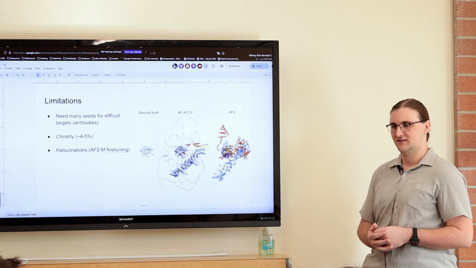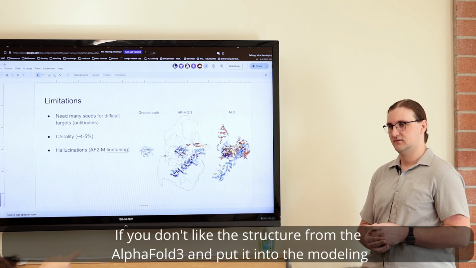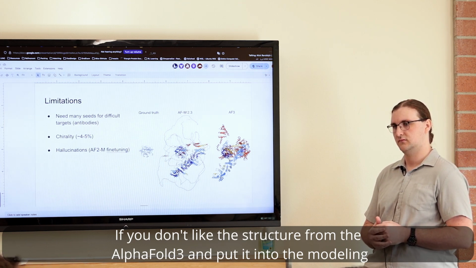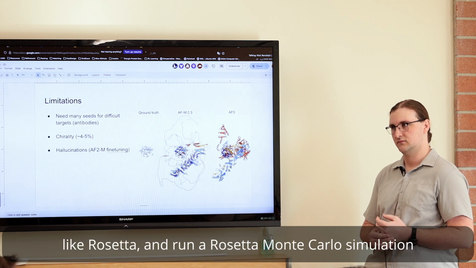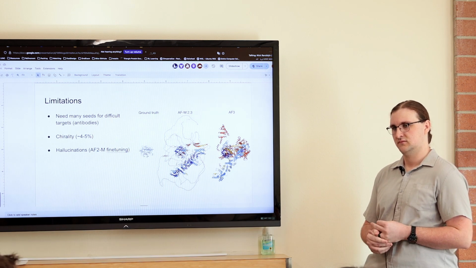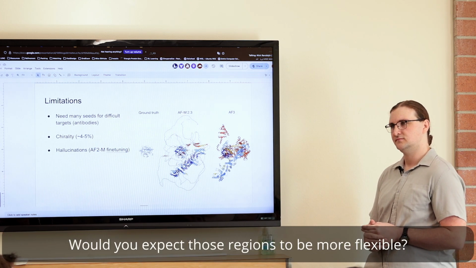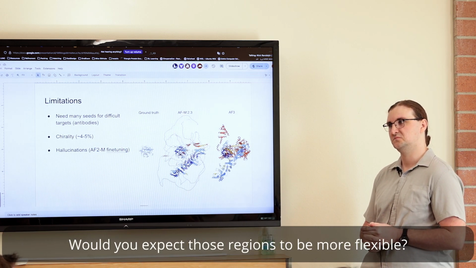Out of curiosity, if you took that structure from AlphaFold3 and put it into modeling in Rosetta, just ran a Rosetta Monte Carlo simulation, would you expect those low certainty regions to be more flexible?